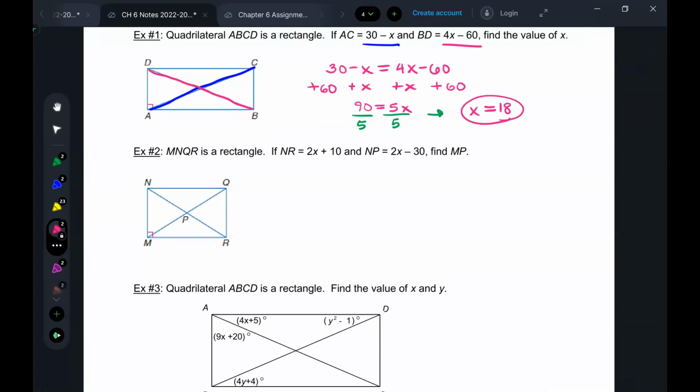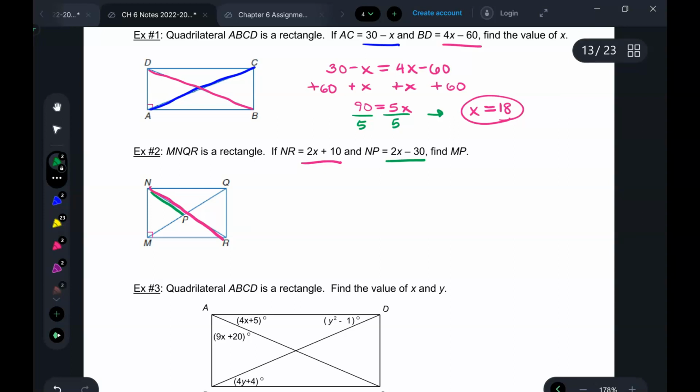Let's see. NR is 2x plus 10, and NP, just that portion, is 2x minus 30. Okay, what do we know about these two segments?